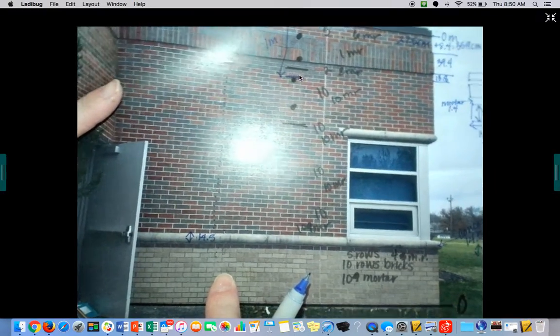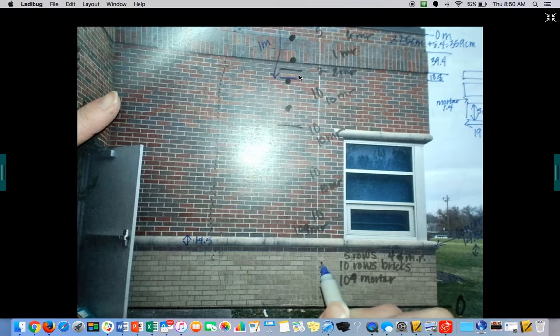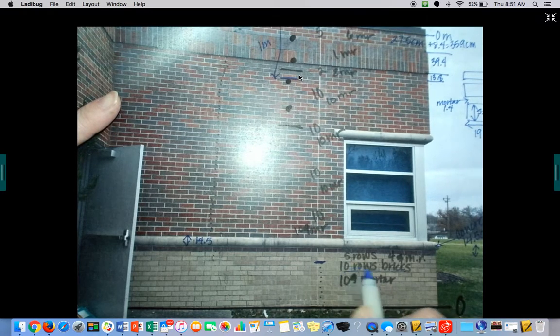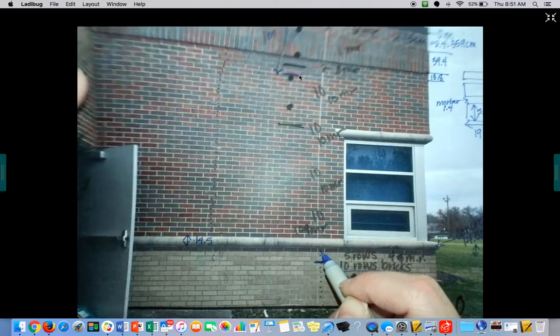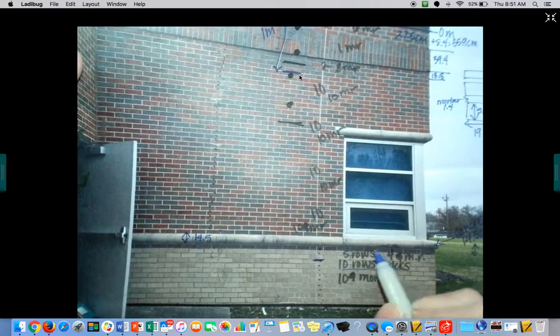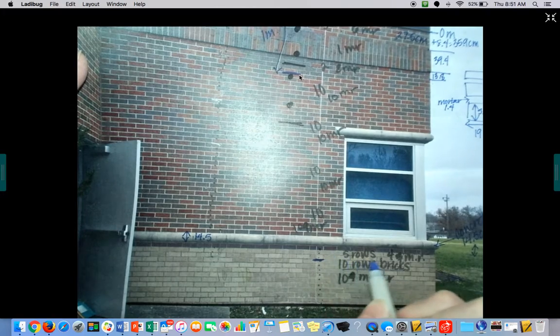It's really hard to see on here, but I kind of marked it out. So I counted by bricks. So here's 1, 2, 3, 4, 5, 6, 7, 8, 9, 10. So this is 10 rows of bricks, okay? And in between those, I have 10 rows of mortar. And that's what I did here. So then I have 1, 2, 3, 3 rows of bricks, and all that stuff.